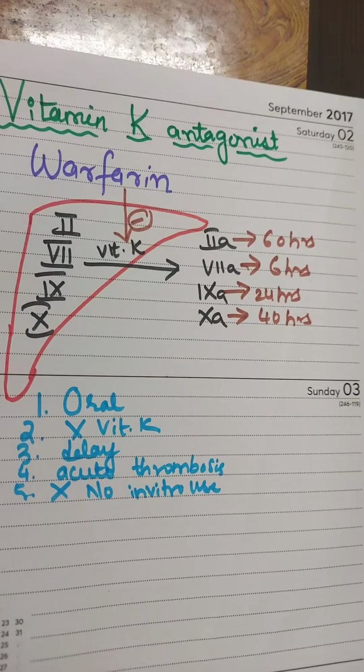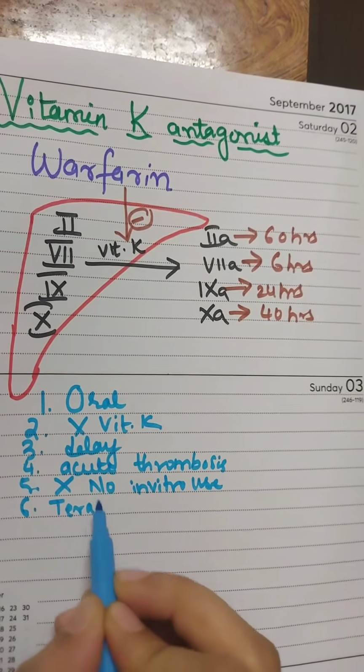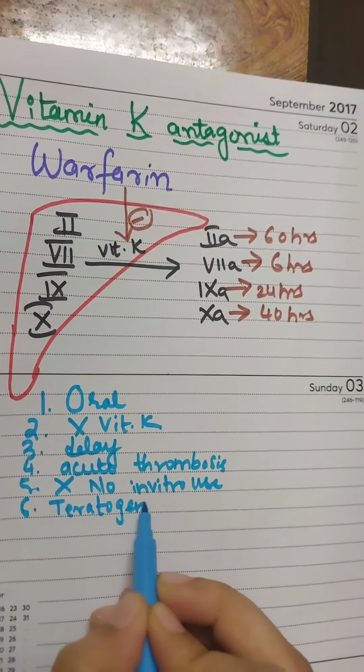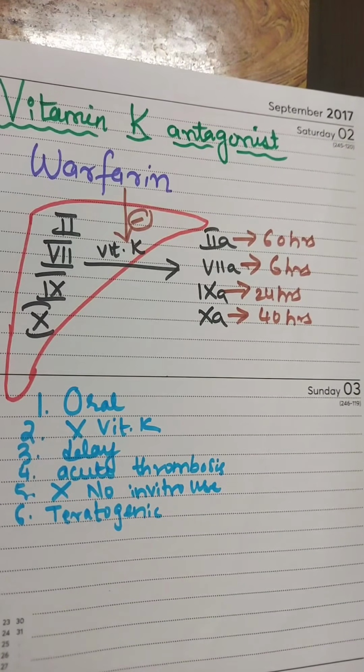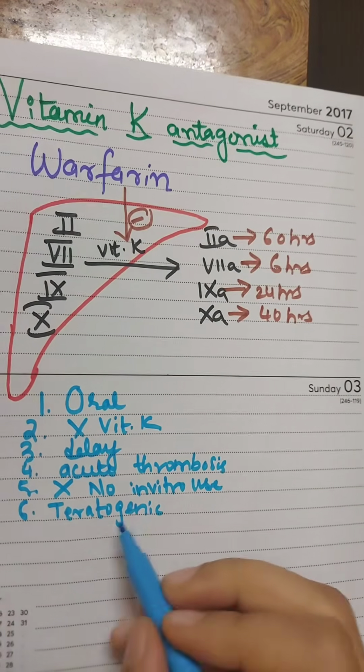Now the next thing about warfarin is teratogenic. There is a teratogenicity, so it is contraindicated in pregnancy. Basically, there is a compound known as osteocalcin.